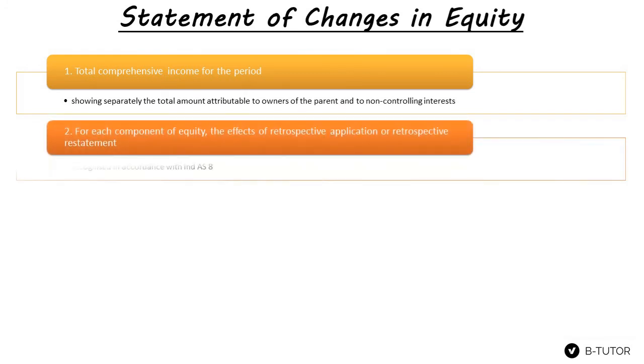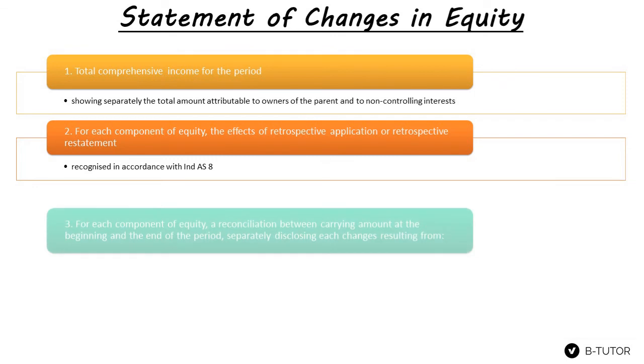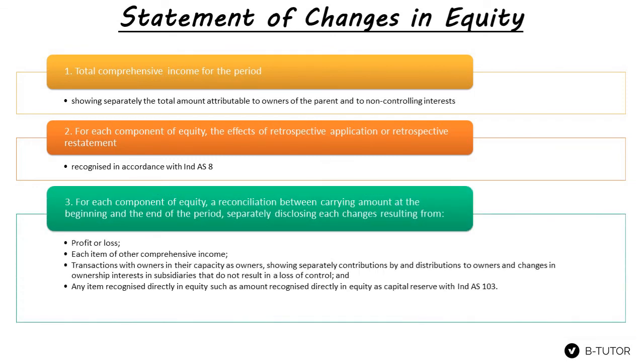For each component of equity, the effects of retrospective application or retrospective restatement recognized in accordance with Ind AS 8. Number 3. For each component of equity, a reconciliation between carrying amount at the beginning and at the end of the period, separately disclosing each change resulting from profit or loss, each item of other comprehensive income, and contributions by and distributions to owners, and last any item recognized directly in equity.